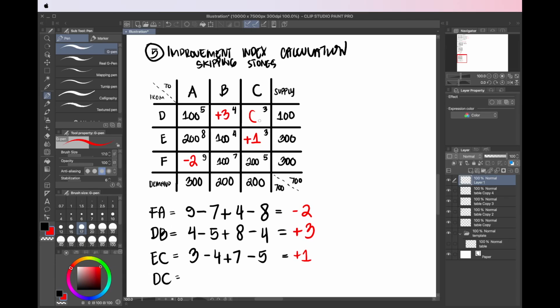However, here we want to calculate the improvement index, but these values are empty. So what we can do is, instead of going just here, we can skip stones. So we can go here, and then we cannot go here, right? Since this is empty. So we go here, and there's no other way other than to go here. And remember, we cannot go directly here and then back to the original cell since this is empty.